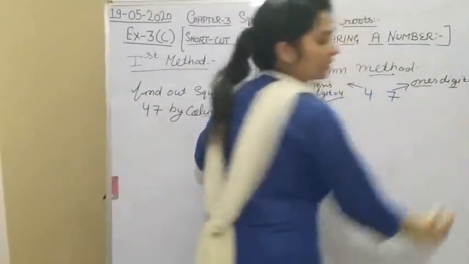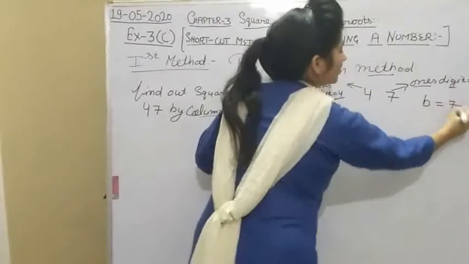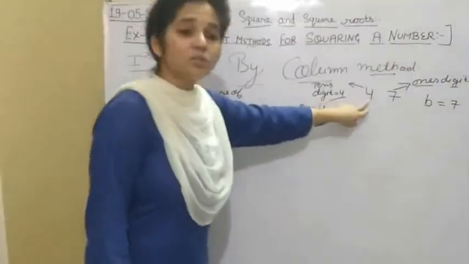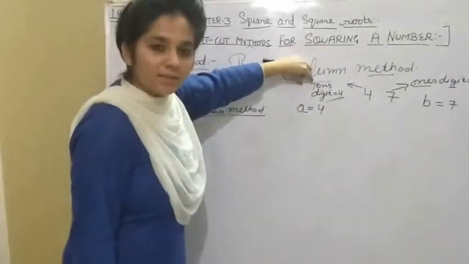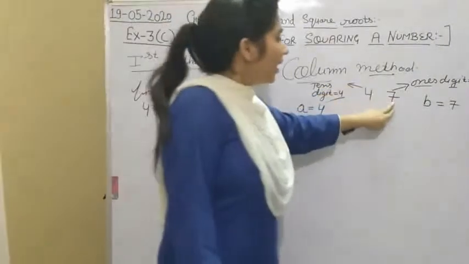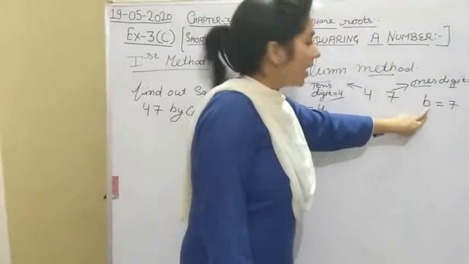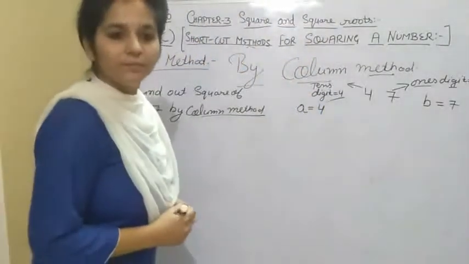Ones digit is 7. Give the name b to the ones digit, that is b equals 7. आपके पास टू डिजिट नंबर गिवन है 47. जो टेंस डिजिट है उसे क्या नेम दे देंगे? a. And ones digit name is b and the value of b is equal to 7.